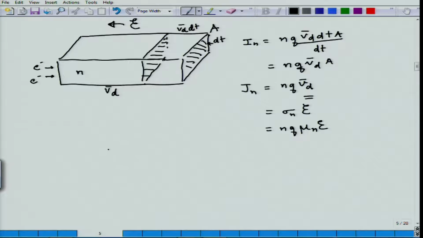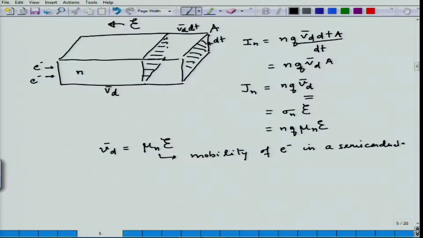What I am trying to say is that V d, the drift velocity generated, is nothing but the mobility of electrons in applied field E. So, this is the definition of drift velocity, and this is the mobility of electrons in a semiconductor, which is in the conduction band.